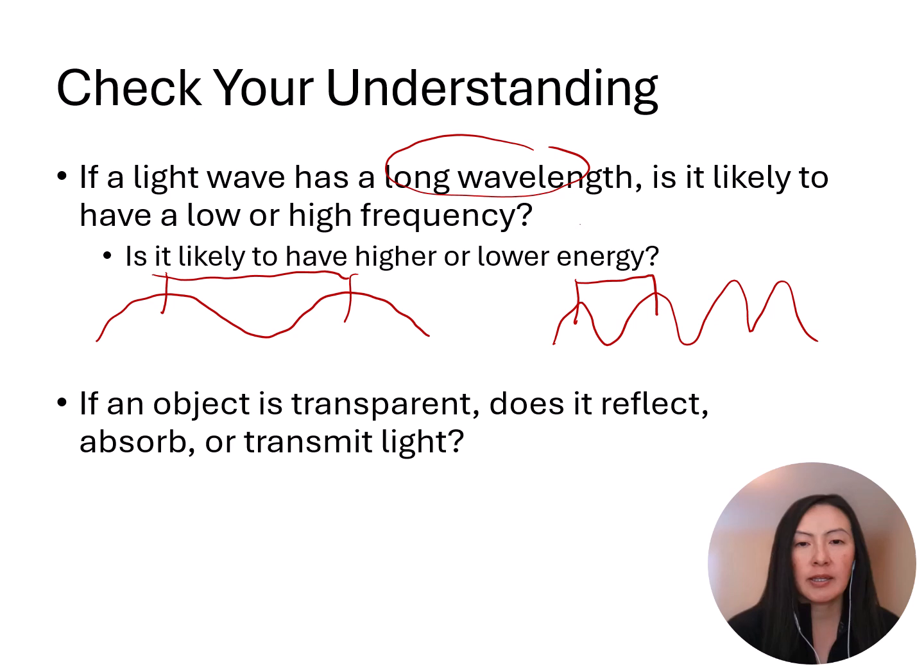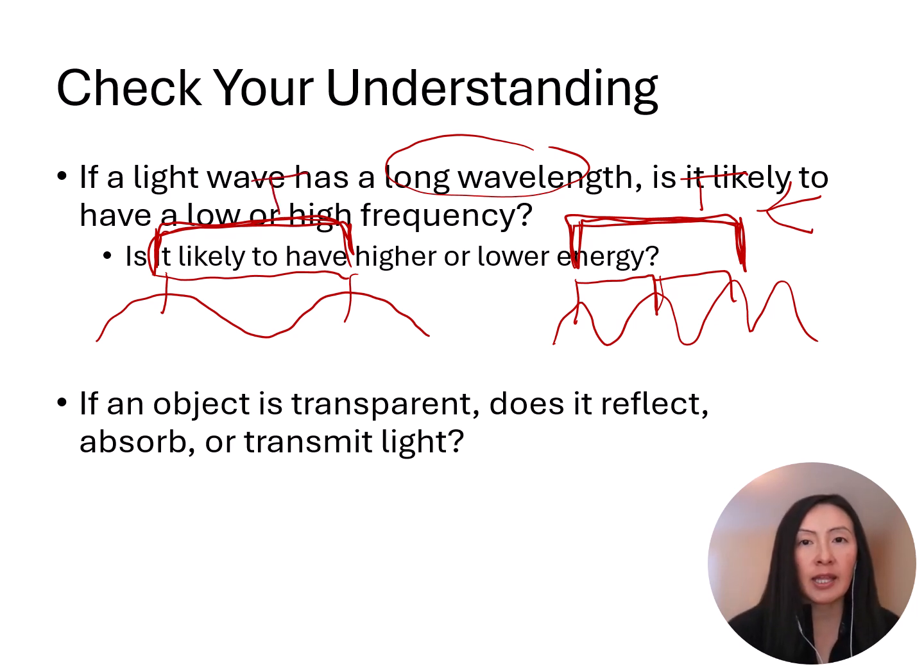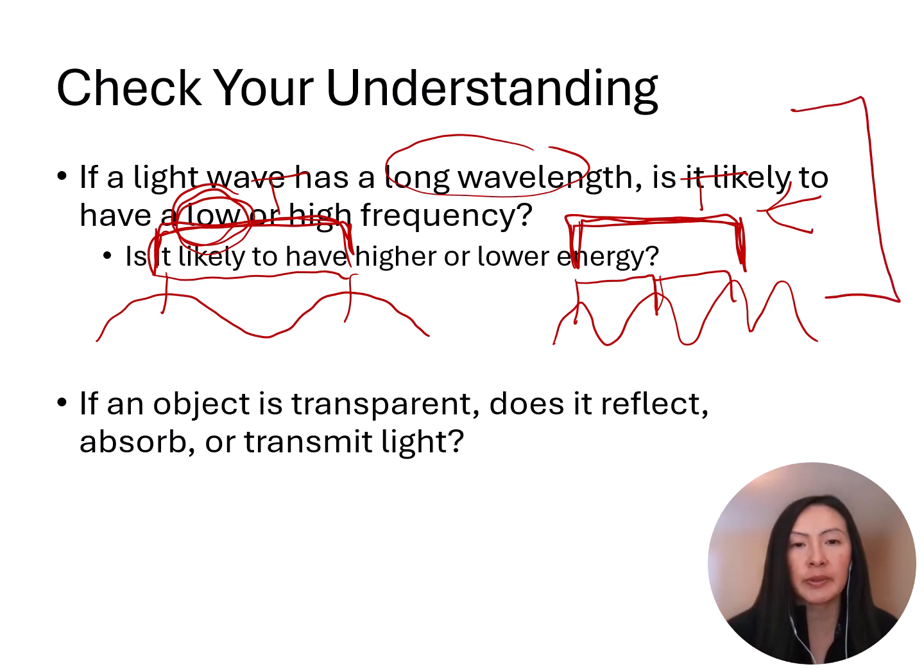So if I choose this as my arbitrary unit of time, about this length, I have two wavelengths per unit of time here. This is time, but I have one wavelength per unit of time here. So it's going to have a lower frequency, right? Lower frequency. And then we said low frequency is associated with lower energy. Okay, so low energy, low frequency for longer wavelengths.